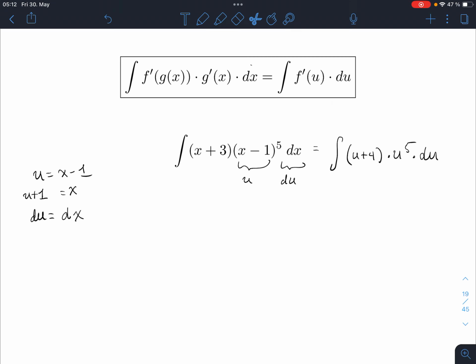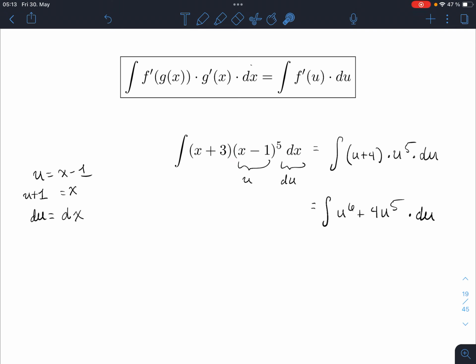And so let's get rid of this because we can't have x's and u's in the same integral. And so then this integral is really this integral right here. And so now we can proceed. We can distribute the u to the fifth, and so this is going to be the integral of u to the sixth plus 4u to the fifth times du.